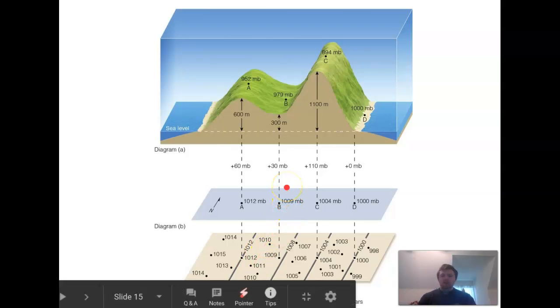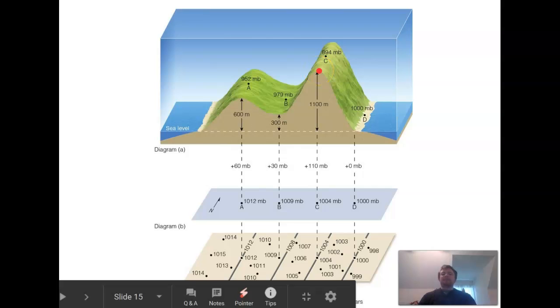So when we think about what we're looking at on a pressure map, what we have to recognize here is that the values, these bars, or these lines that we're looking at, are corresponding to some other value.